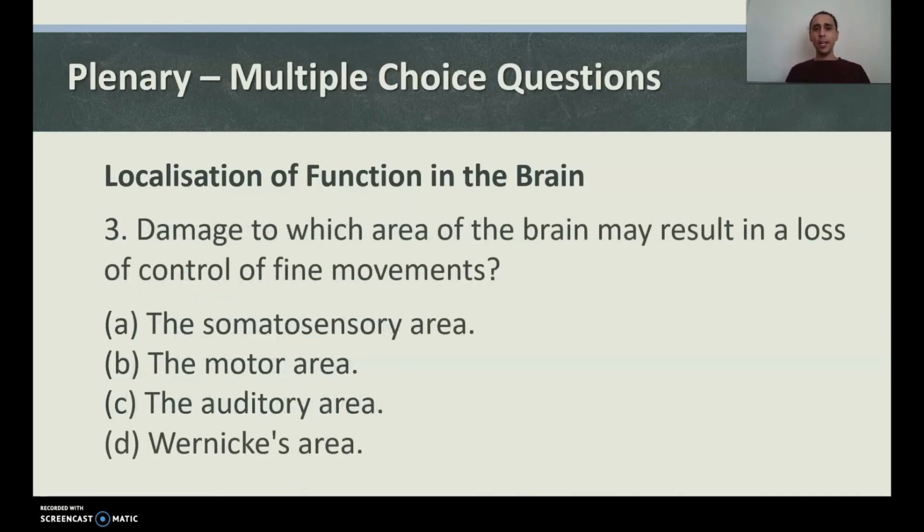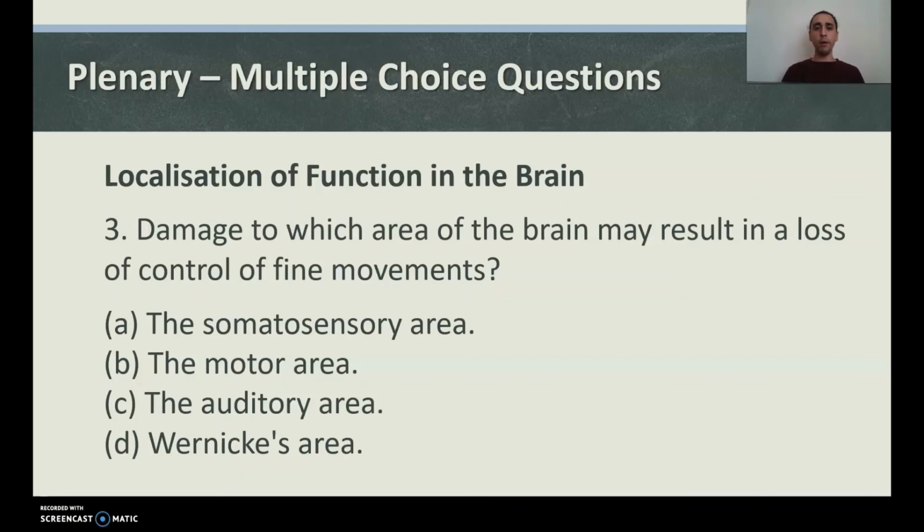Number 3. Damage to which area of the brain may result in a loss of control of fine movements? Is it A, the somatosensory area, B, the motor area, C, the auditory area, or D, Wernicke's area? Which cortex is related to fine movements?